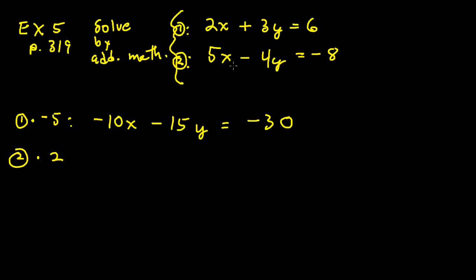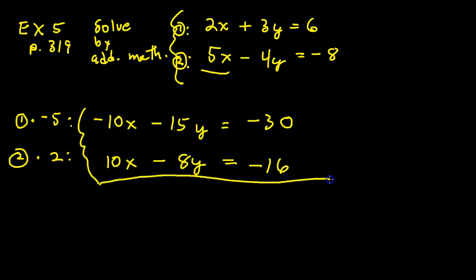Because 2 times 5x is going to be plus 10x. So in the first slot, 2 times 5x is 10x, minus 2 times 4y is 8y, equals 2 times minus 8 is minus 16. Equivalent equations, equivalent system, same solution to both.